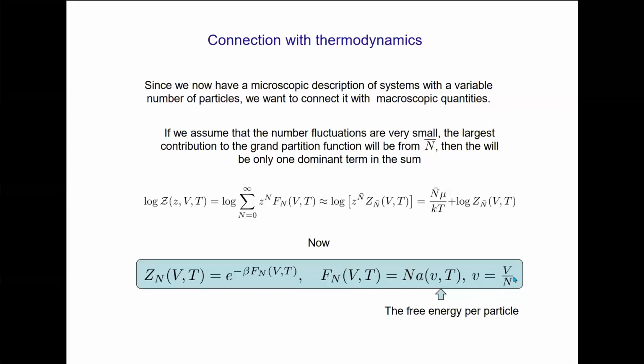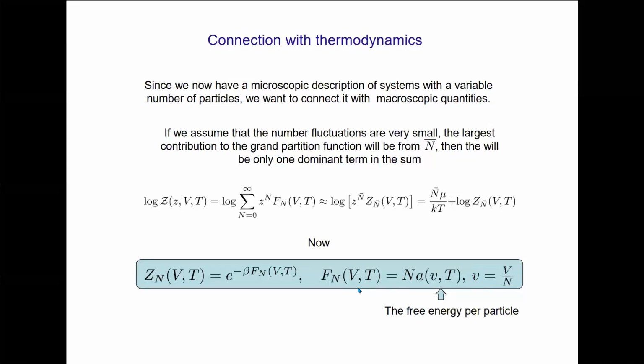So if we have N particles in the system and the volume of the system is capital V, then we introduce the volume of the system per particle, which is nothing else than 1 over the density of the particles, because the density is capital N over V, and this little v, volume per particle, is V over N. So when the number of particles grows, V grows, and this is the average volume per particle.